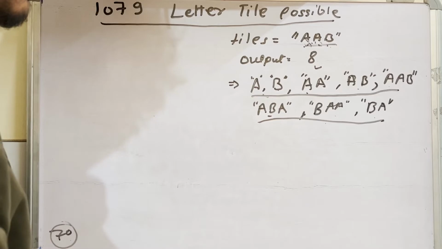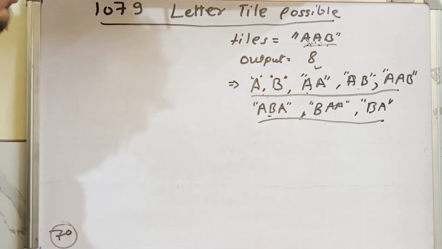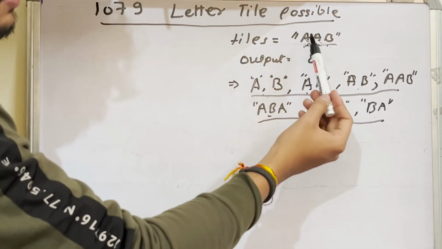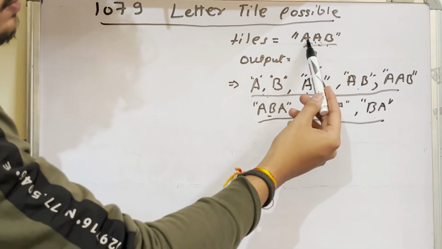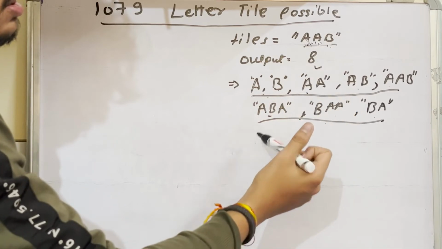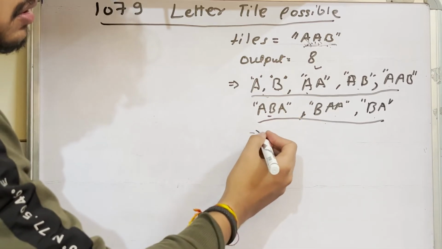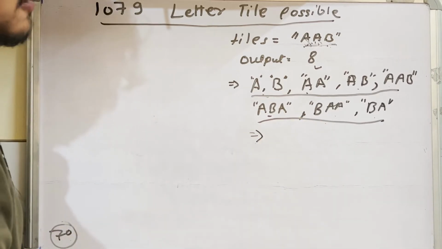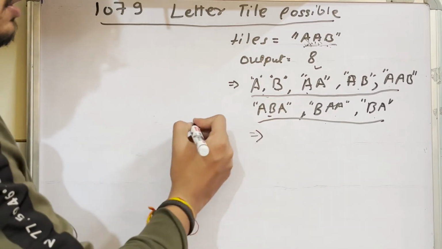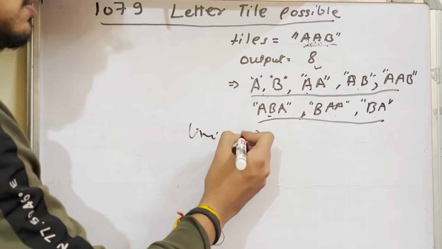So the thing is how you will count the number of sequences that are possible and also unique, because if you treat this A as different from that A, the number of possible combinations or sequences will be more. So how do you keep track of the unique sequences?